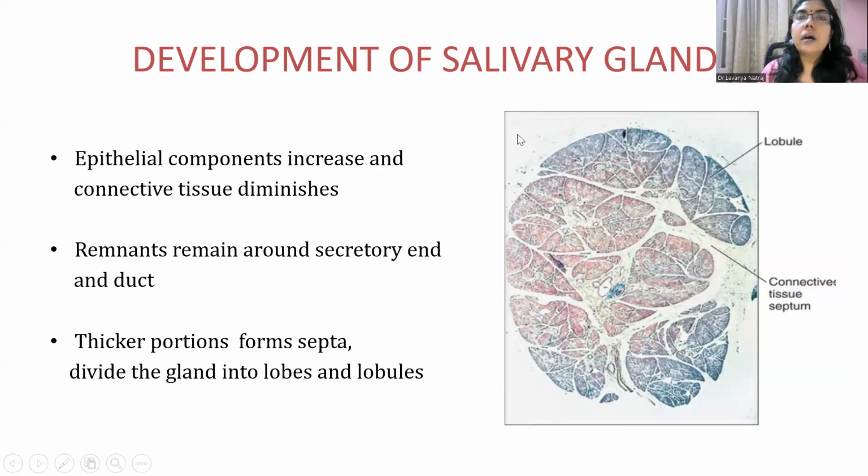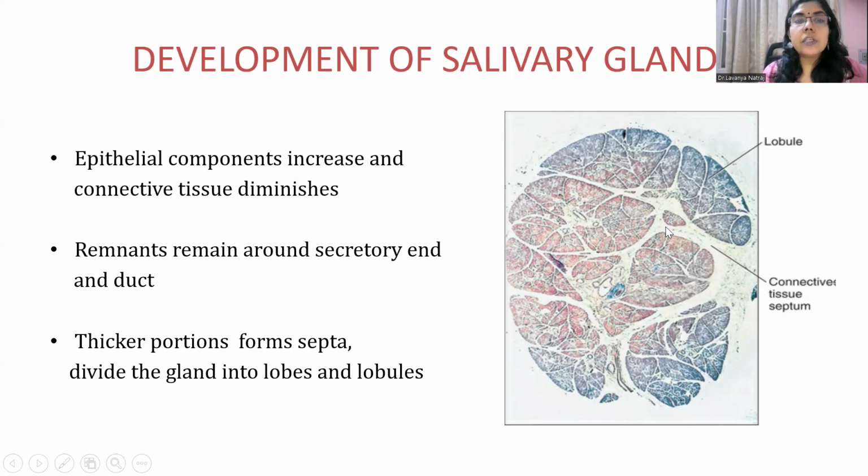So from this formation of a lumen, how does it enlarge into lobules? As you all know, salivary glands are seen as lobes and lobules. So the epithelial components increase in size. As you can see in this picture, they form into lumens and cords, and you have the secretory unit with the ductal cells, and the connective tissue in between the epithelium diminishes.